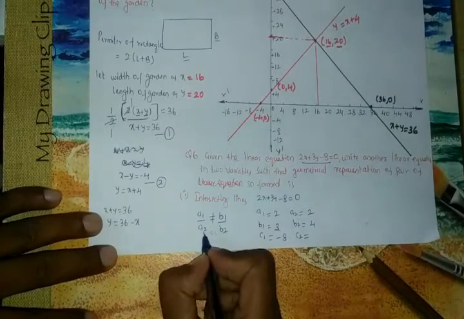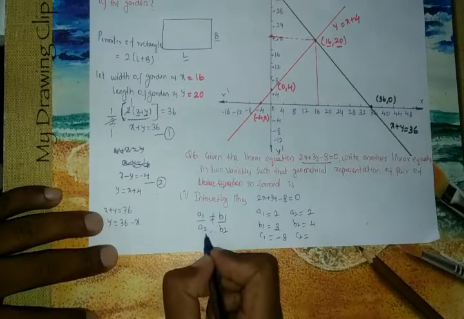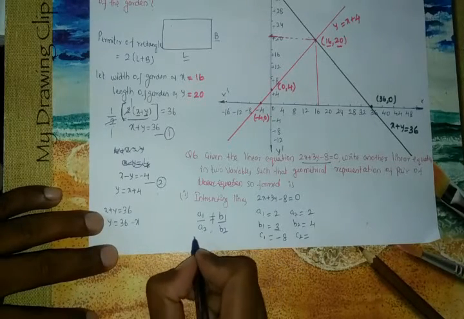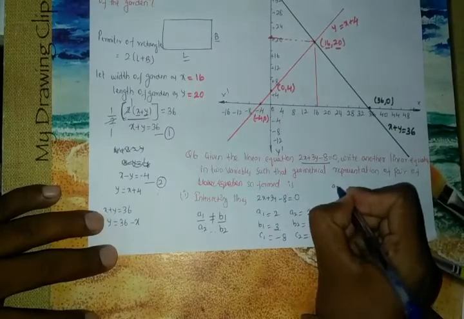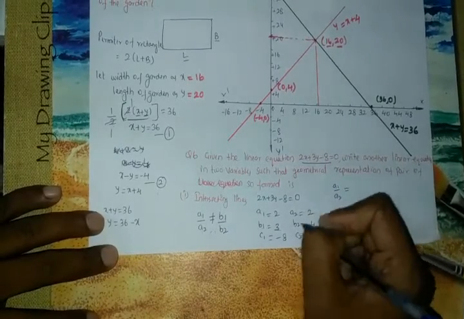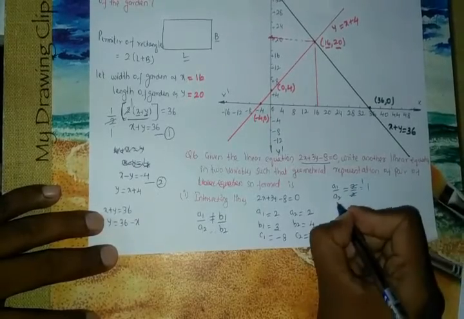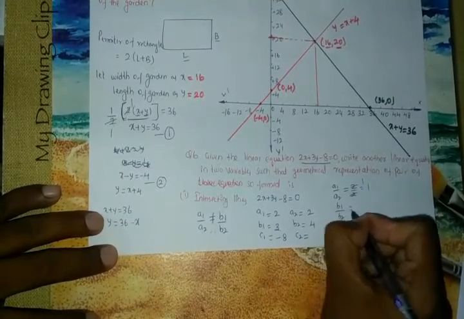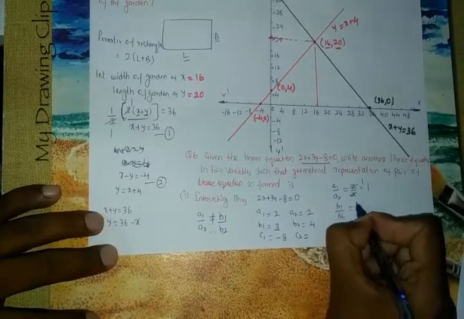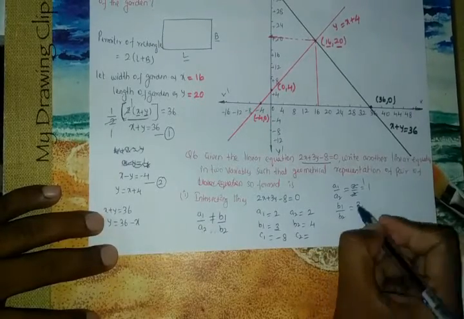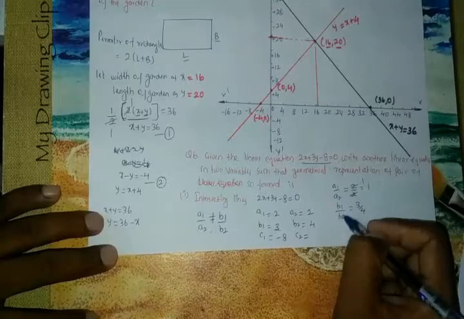So what is happening here? a1 by a2, which is 2 by 2, that is equals to 1, and b1 by b2, which is 3 by 4. Okay, these two ratios are not equal.